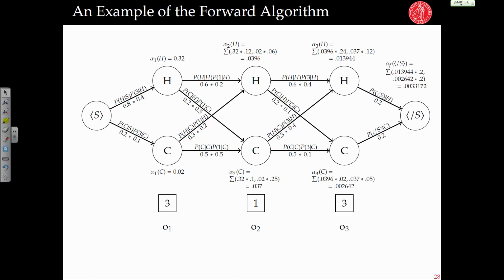And once we arrive here, we will have a final value for the probability of an observation sequence. So if that's a sentence, we'll have a final probability value for this sentence. How likely is this sentence to be said? That has been calculated based on all the different state sequences that can be generated in this setup.